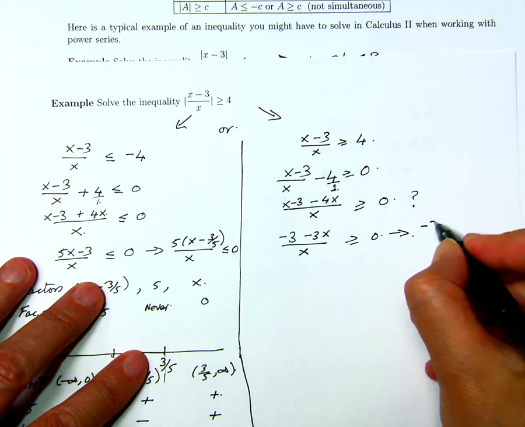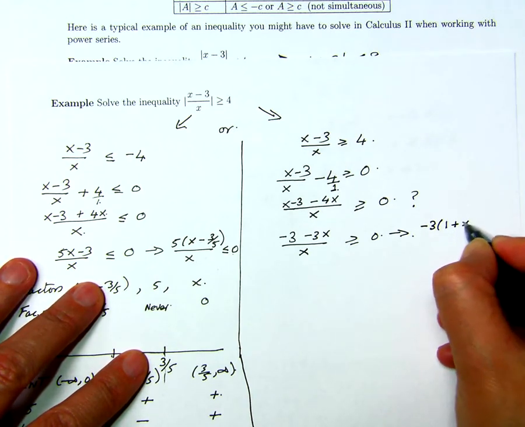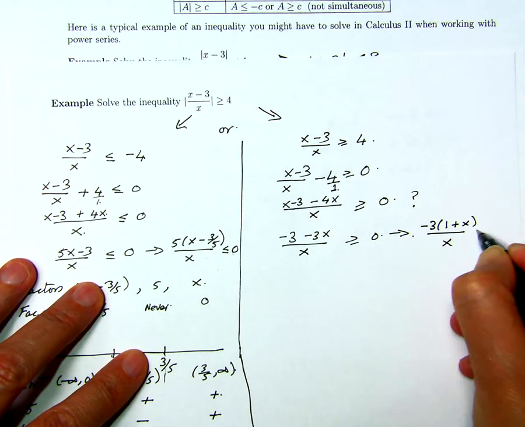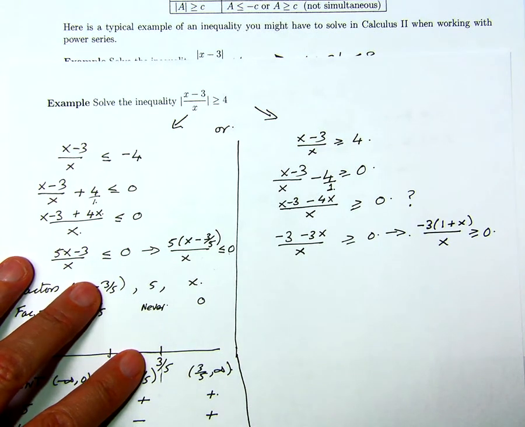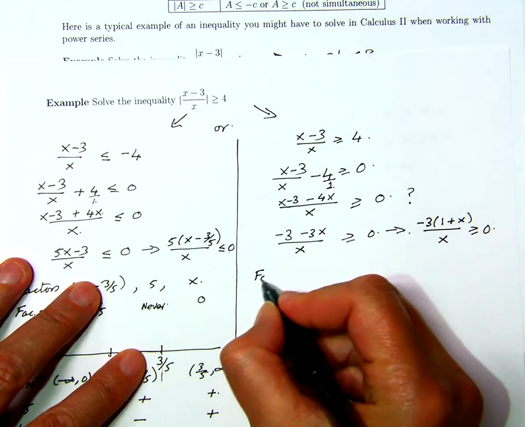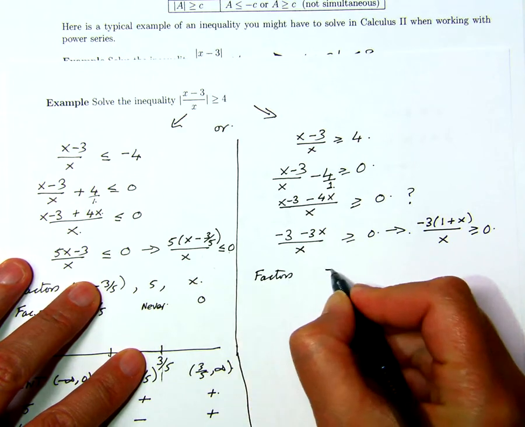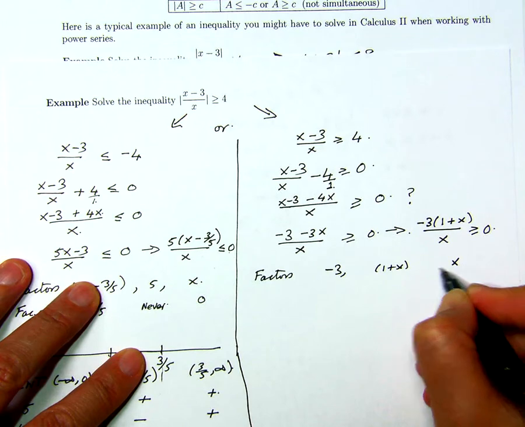I pull out that minus 3, and that gives me 1 plus x over x greater than or equal to 0. Okay, now I have three factors: minus 3, 1 plus x, and x.